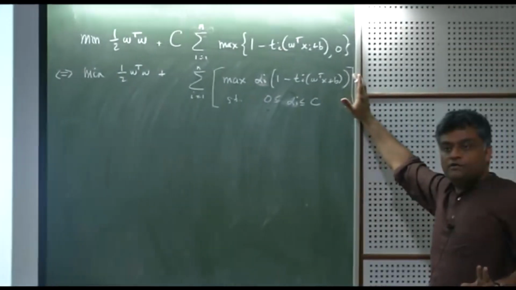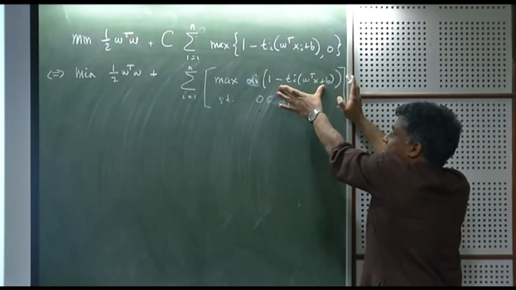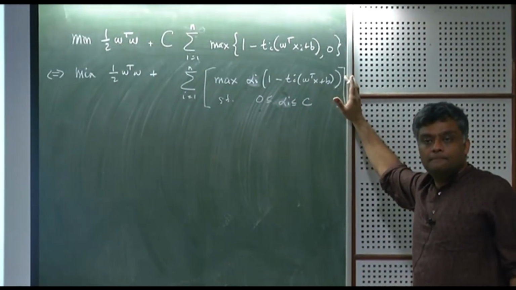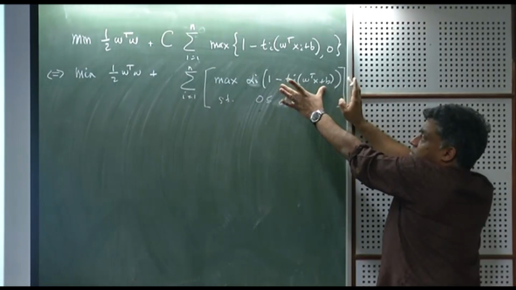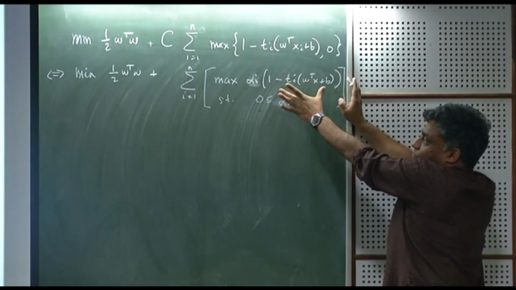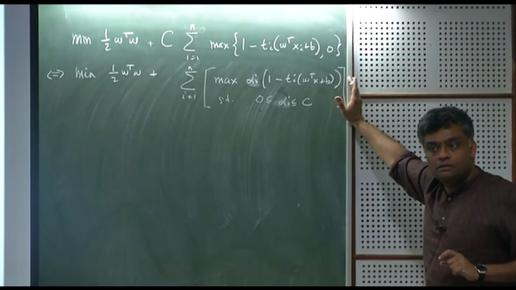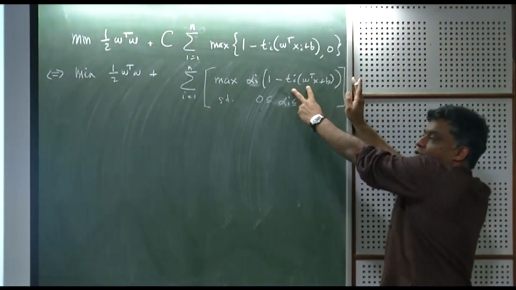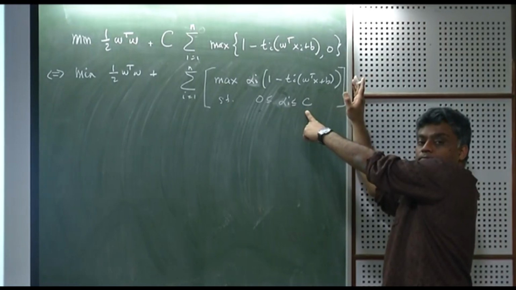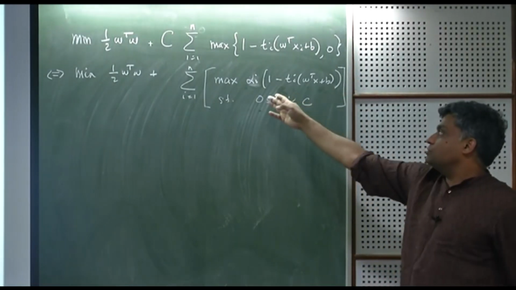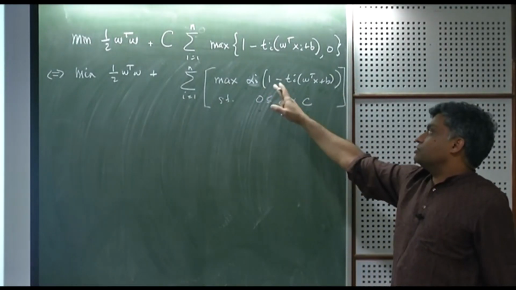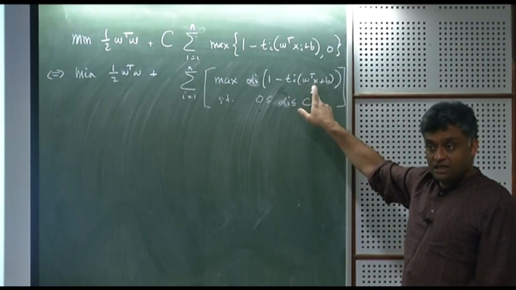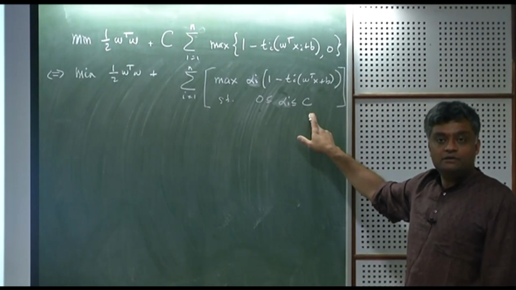Let's think about it for a moment. If this product is positive, what would I choose alpha to be? C. Right? It's best for me to, since the derivative with respect to alpha of this quantity is this bracket, if the derivative is positive, I'll go and hit this value C.